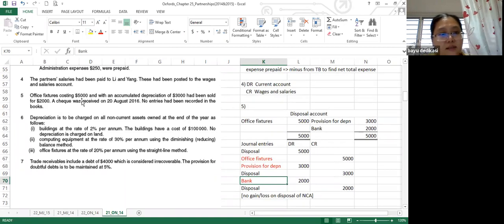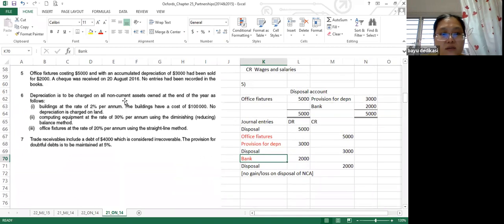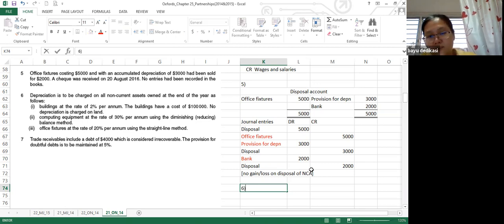Okay, number 6. Depreciation to be charged on the non-current assets owned at the end of the year as follows. Building at 2%, the building has a cost of 100,000, no depreciation charged on the land. So you must take note that when calculating your depreciation, number one, building, you have to take the building cost 100,000 times 2%.